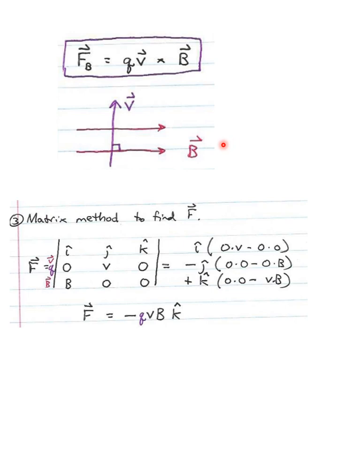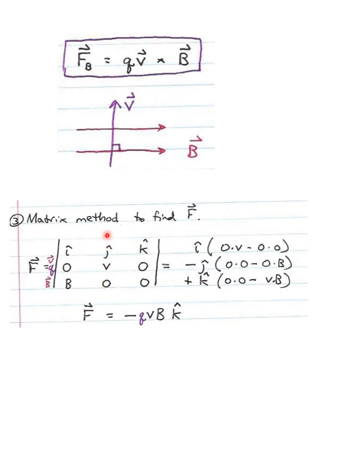So to do the determinant, we'll take i hat times, and then we eliminate the row and the column that i hat are in, and we just have this 2 by 2 matrix that is v, 0, 0, 0. And you take the determinant of that 2 by 2 matrix. So it's v times 0 minus 0 times 0. And that all zeroes out.